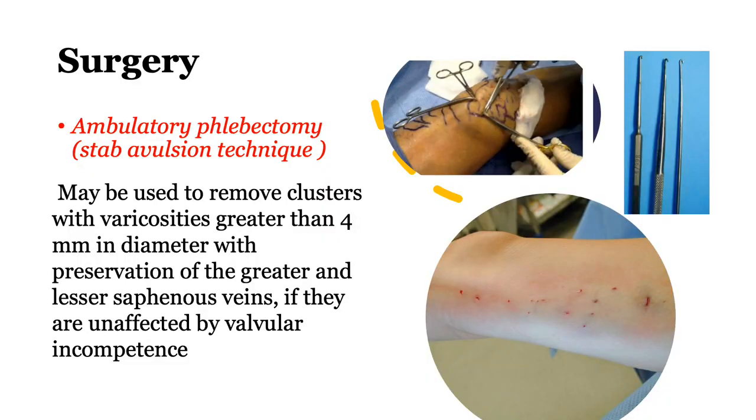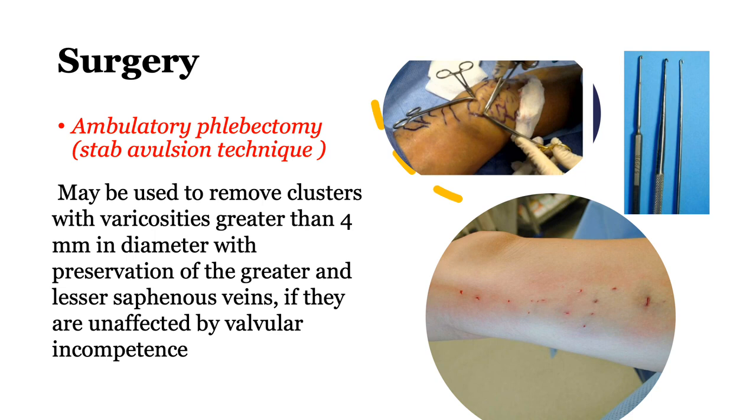Now, another line in the treatment of varicose veins is surgery. We have two types of surgical techniques. First, ambulatory phlebectomy, or what we call stab avulsion technique. This technique is used to remove clusters of varicosities greater than 4 mm in diameter with preservation of the greater and lesser saphenous vein if they are unaffected by valvular incompetence.